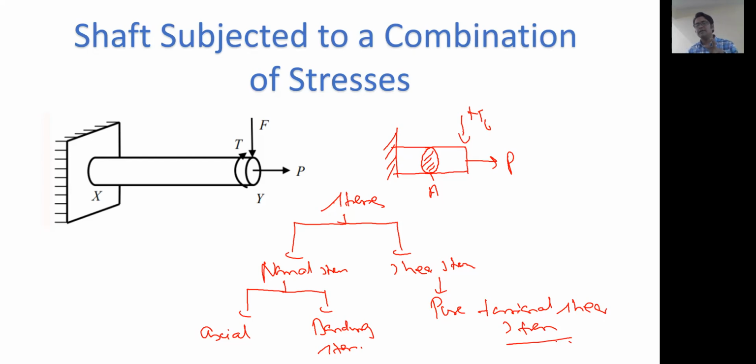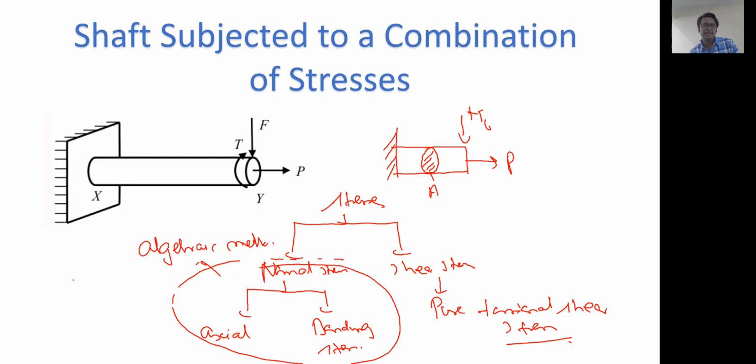Now what we have to see is that these normal stresses can be operated on by a simple algebraic method. Meaning they can be added and subtracted in a normal manner. But what about the shear stress?